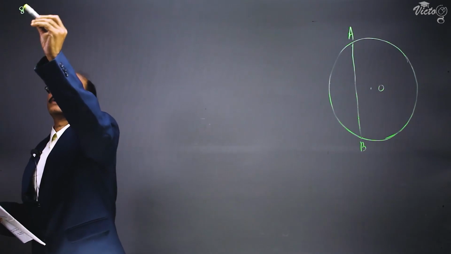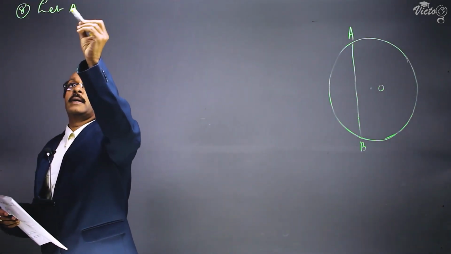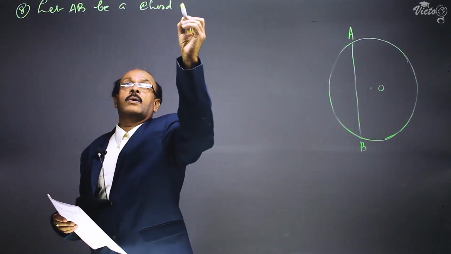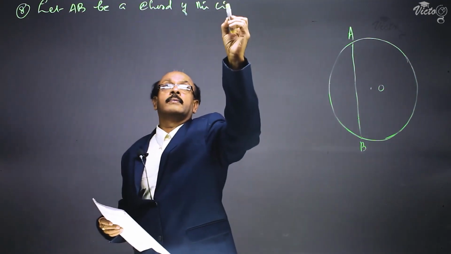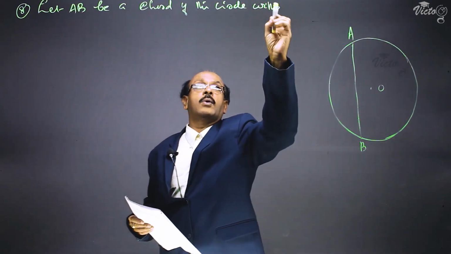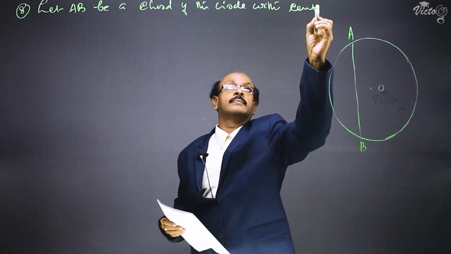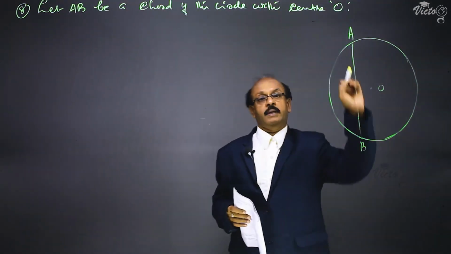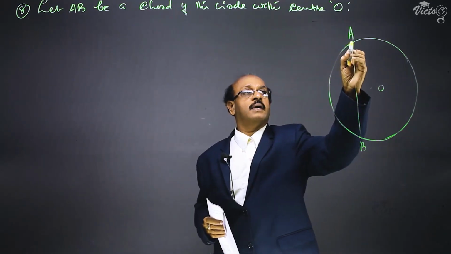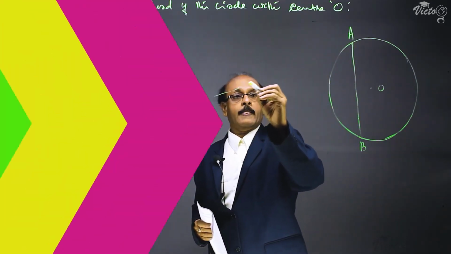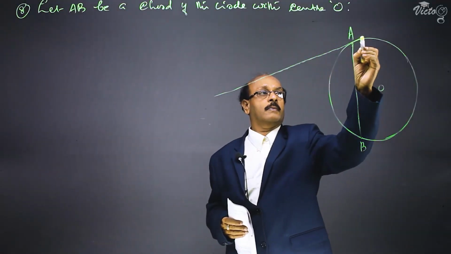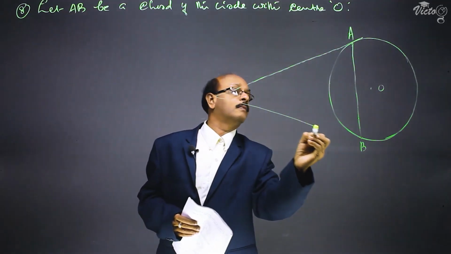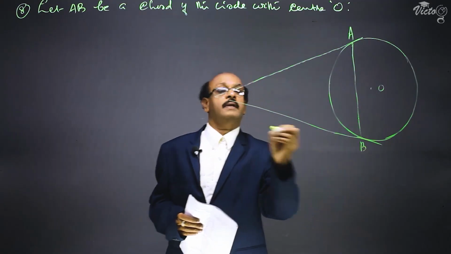Question number 8. Let AB be a chord of the circle with the center O. Now draw two tangents at the endpoints A and B. We are drawing two tangents at A and B. Here is one tangent and here is the second tangent.